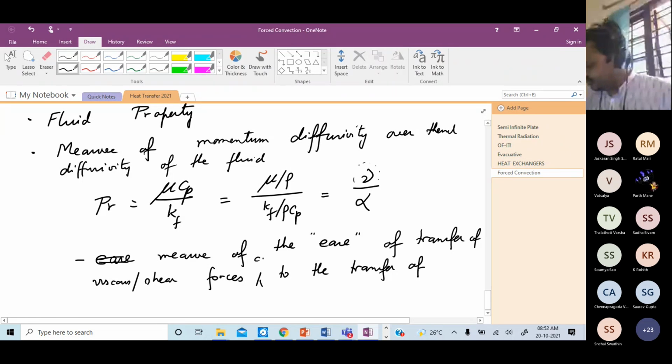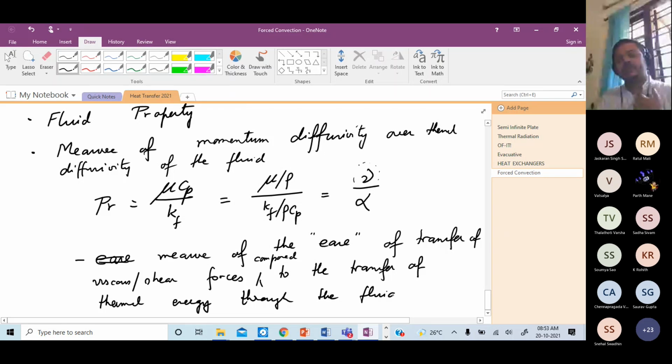Okay, I have not used the word ratio, so compared to the transfer of thermal energy through the fluid.